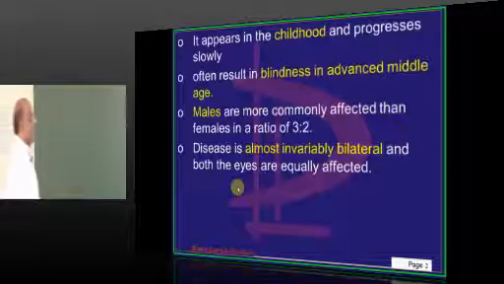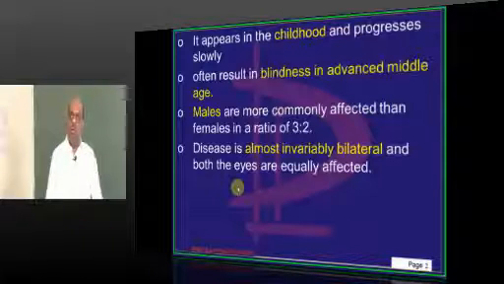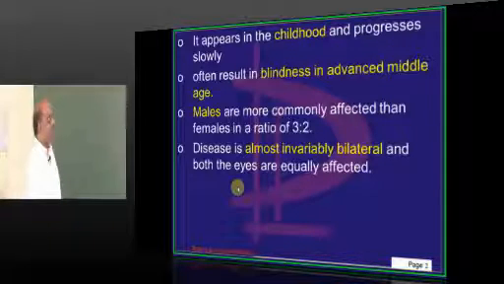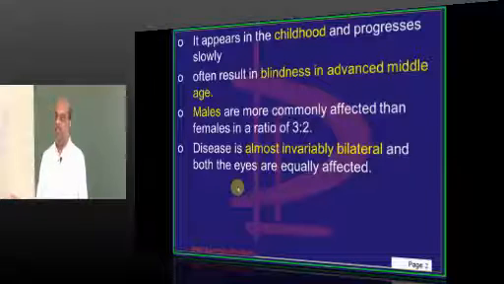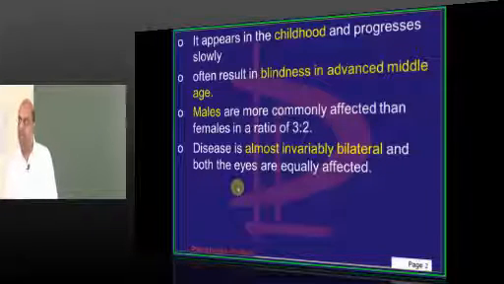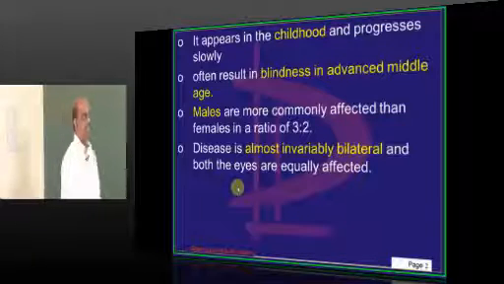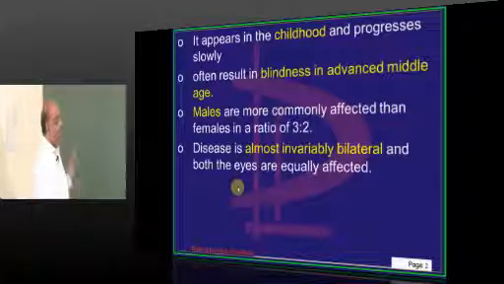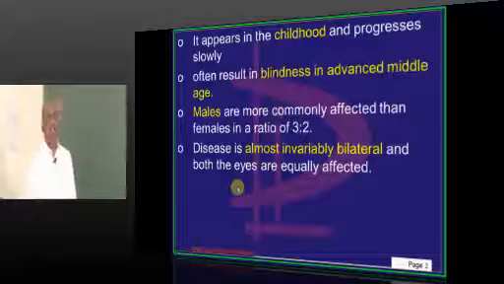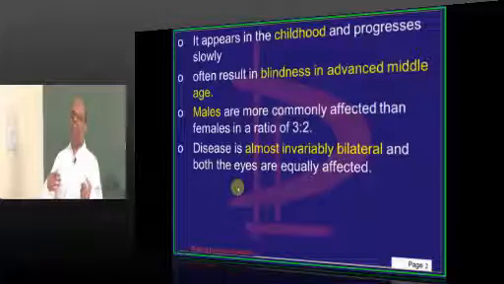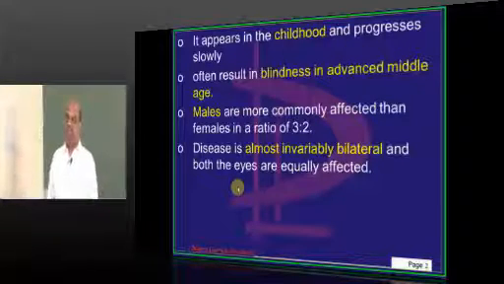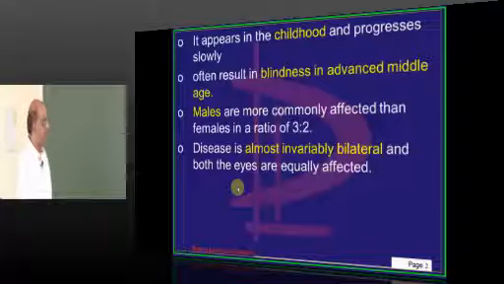Typically, it appears in childhood, progresses slowly. Ultimately, when the person reaches middle age, he becomes blind. Males are affected more frequently than females. And if you look at the disease, it is almost bilateral in a good number of scenarios.